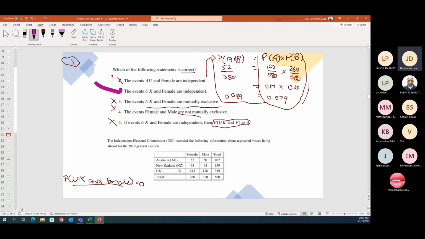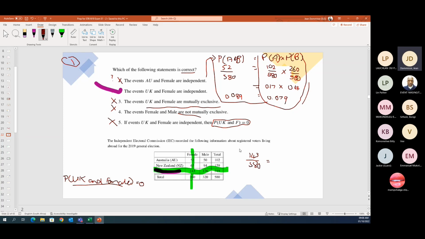So UK, that is too dark. So UK and again female. Okay, so let's see what's the changes here. So probability A and B is now 143 over 580.